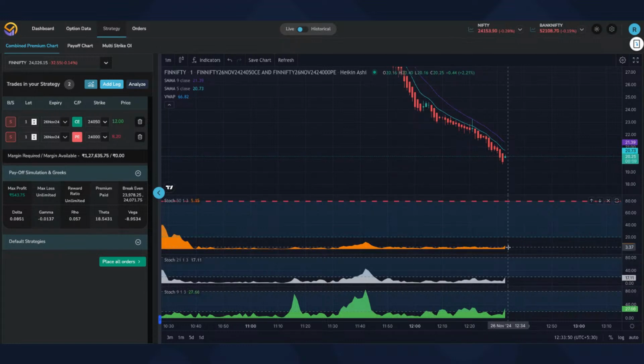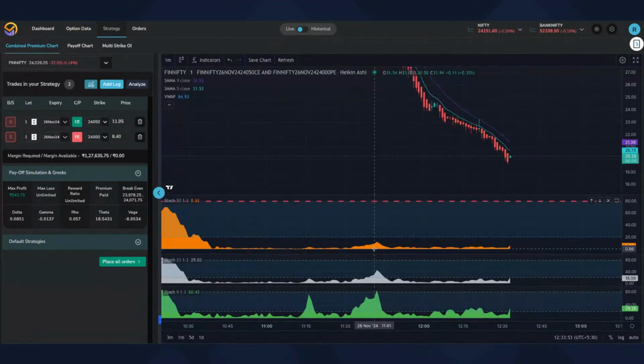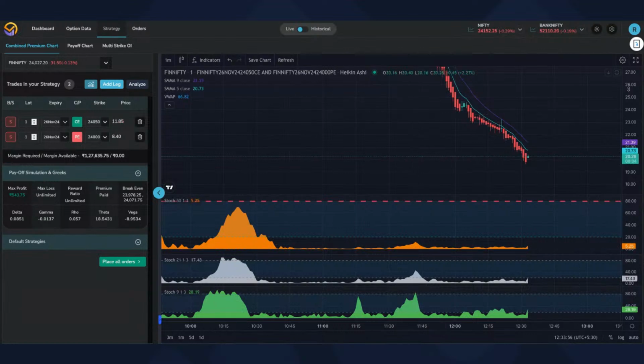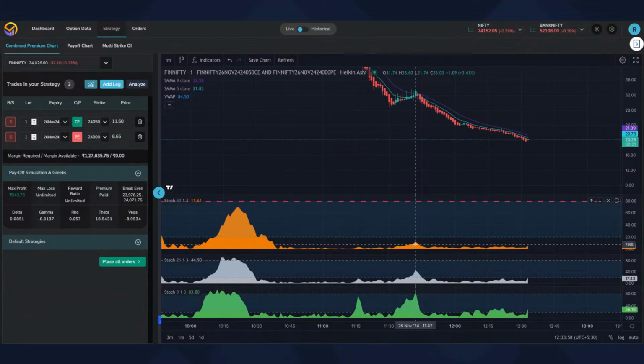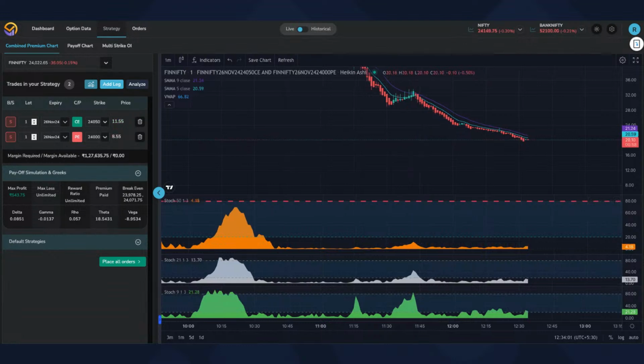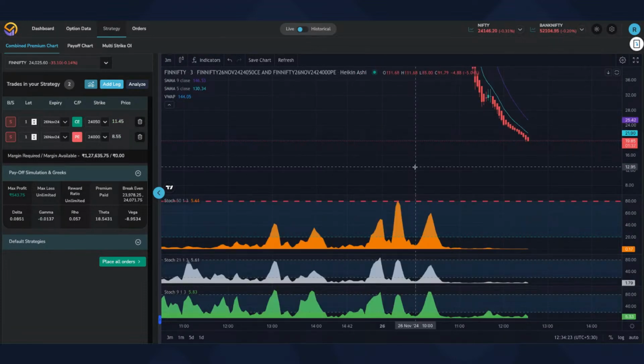Around 11:40, Nifty moved from 24,000 to 24,550, but beyond that there is no other spike. The 3 minute chart is pretty much flat, except this particular move at 11:30 to 11:40.